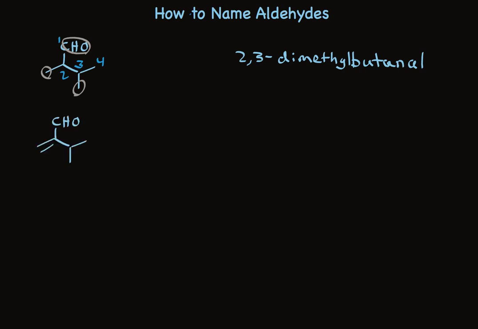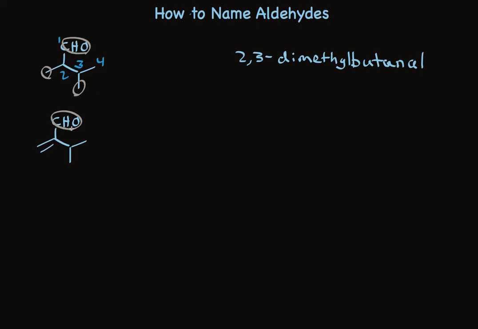So take a look at this structure. It's the same structure with a double bond in it. What would be different? Well, now we have 2 functional groups, so we have to decide which is higher priority. And aldehydes are priority over alkenes, so we'll still say that it's an aldehyde as the highest priority.